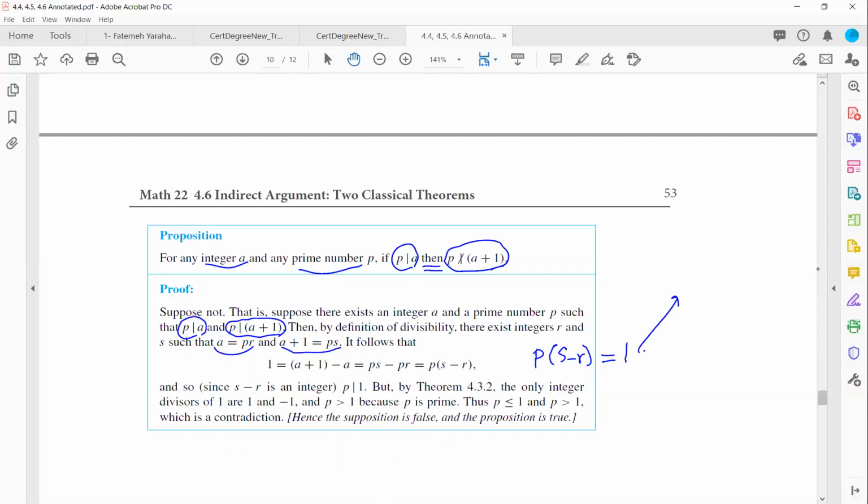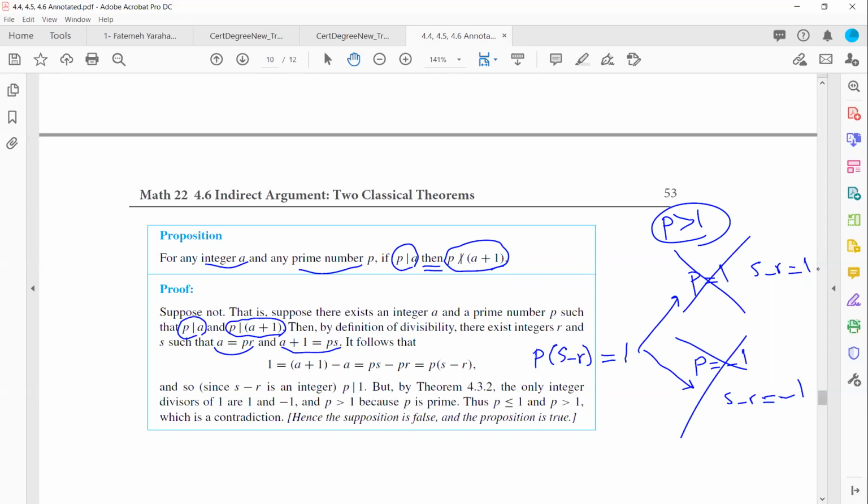Remember, we proved this. Factors of 1 are 1 or negative 1. So it says p is 1, s minus r is 1, or p is negative 1, s minus r is negative 1. P as a prime number is always greater than 1. So none of these can be true.